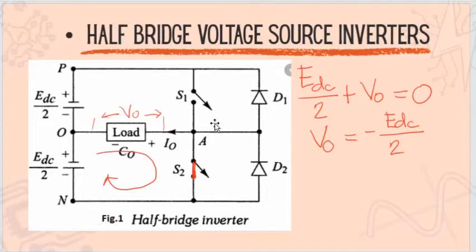Because in one cycle, for example, 60 Hz, if we try to switch on and off S1 and S2 manually 60 times per second, it is impossible. So that's why we need to use an intelligent switch for us to get the average value of that sine wave or of that kind of wave.